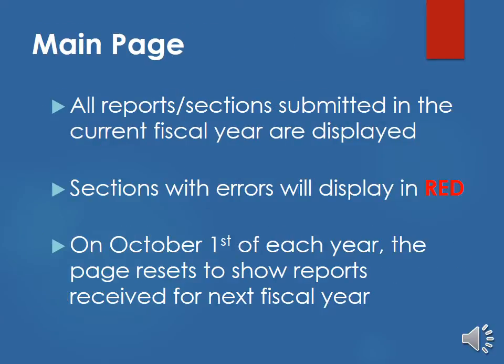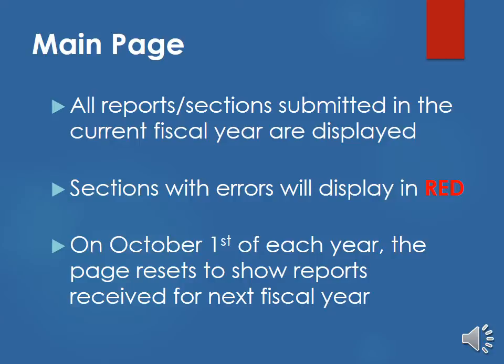On the main page, all of the reports for each month and each section that have been submitted for the current fiscal year you are reporting will be displayed. Remember that the state fiscal year begins on September 1st and ends on August 31st, and that reports are due by the 20th of the month. Any section that contains errors will display on that page in red.